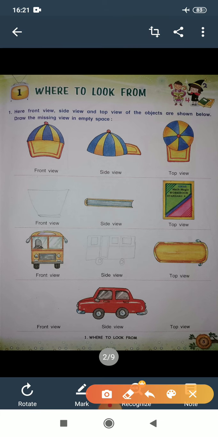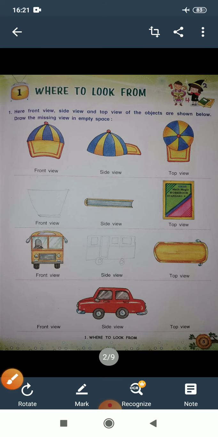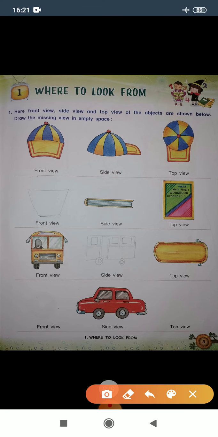Question number 1. Here, front view, side view, and top view of the objects are shown below. Draw the missing view in the empty space. Here, the first one is already solved.